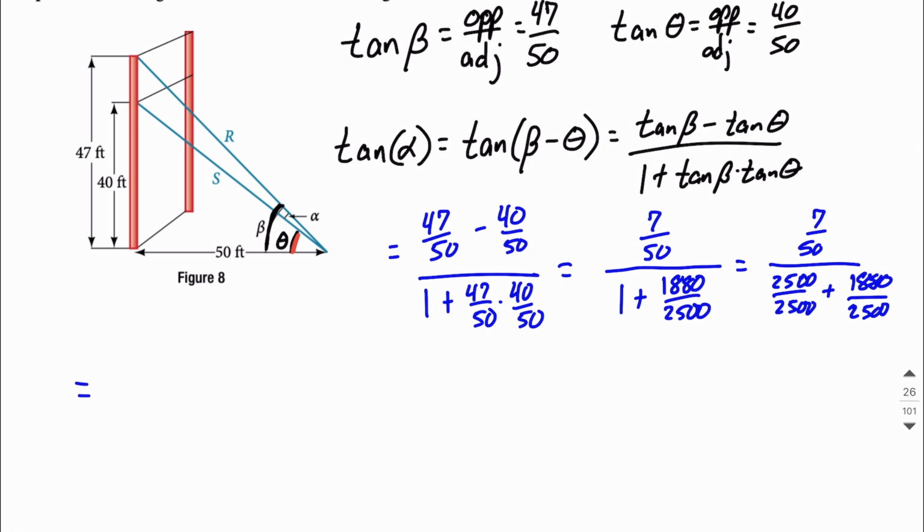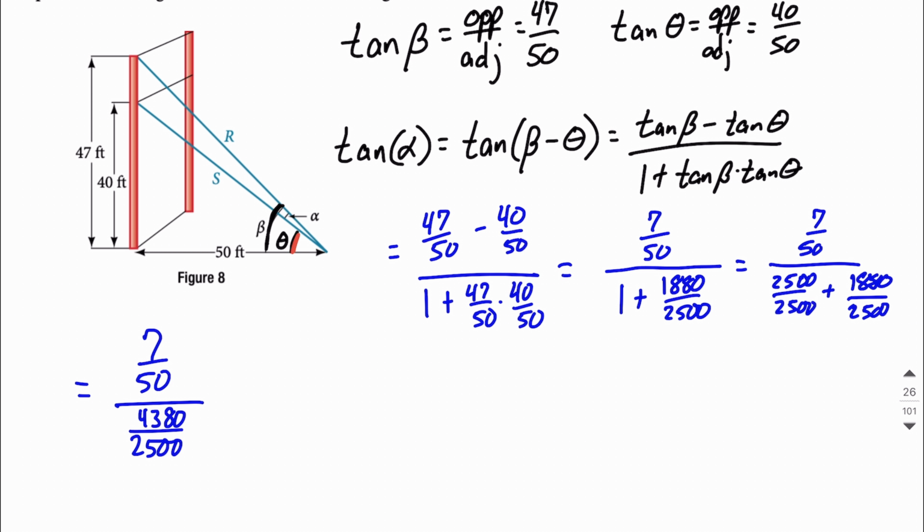Got to get that same denominator before you can add them together. But now that we have it, let's go ahead and simplify that denominator further, keeping the common denominator of 2,500. We're going to add 2,500 plus 1,880, which works out to be 4,380.